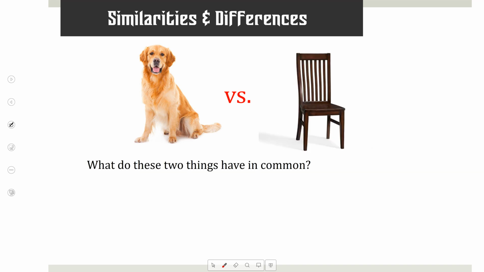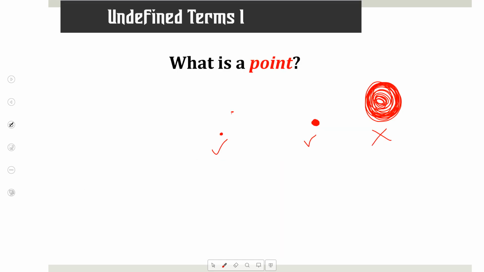So if you take that idea and you extend it into what Nicole was saying with the dots, go through that again. So a point is like a specific location. The dot is on top of the point to show where it is. It's like putting a picture of a dog to signify a dog. It's not actually the dog. It's just showing where it is or what it is.